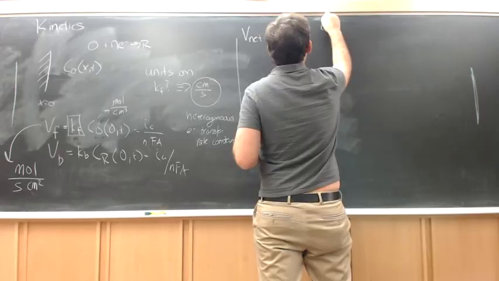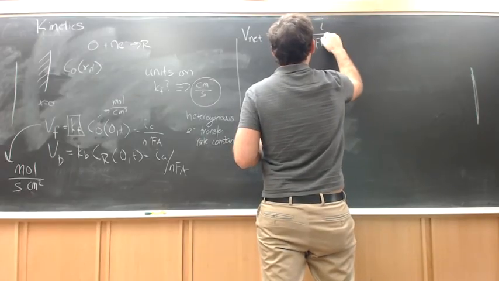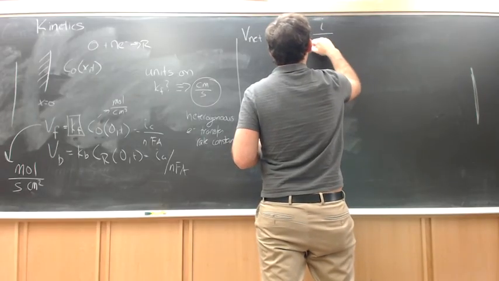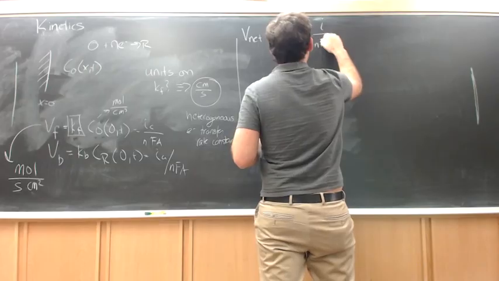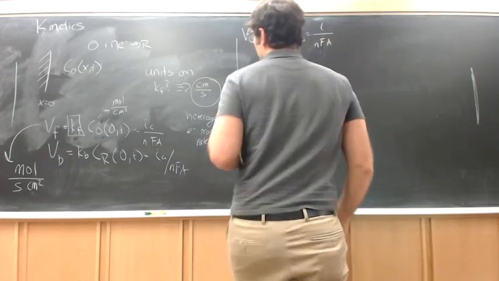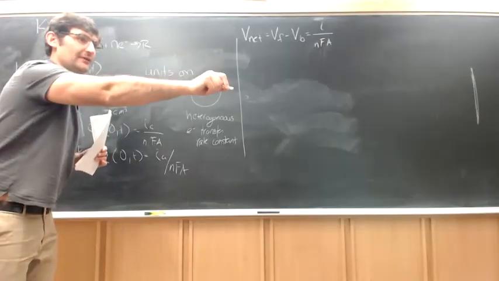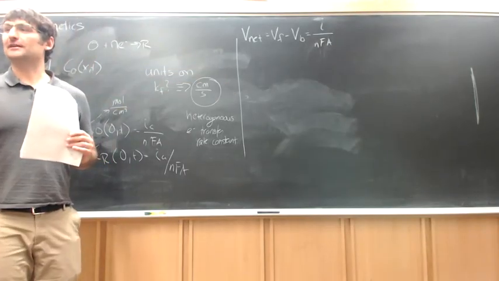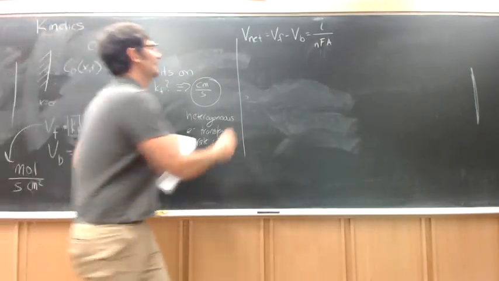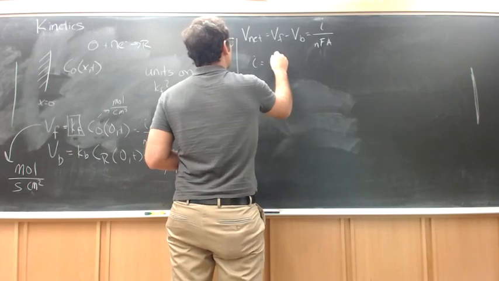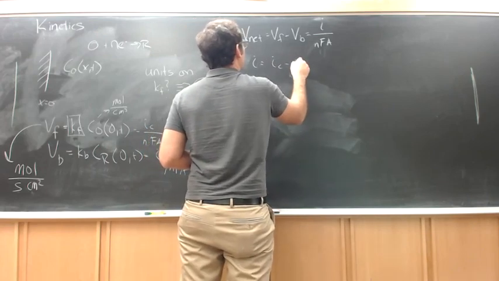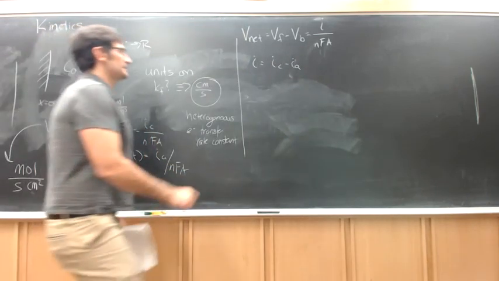I'm not going to write it out, but it's the total current over nFA, right? So total current is just current going that way minus the current going the other way, right? So where i equals ic minus ia. Okay, so that's the net reaction.